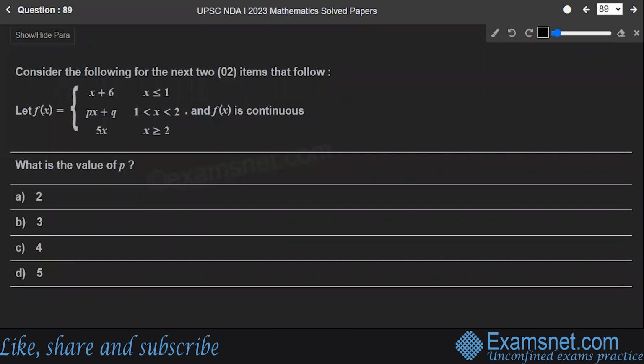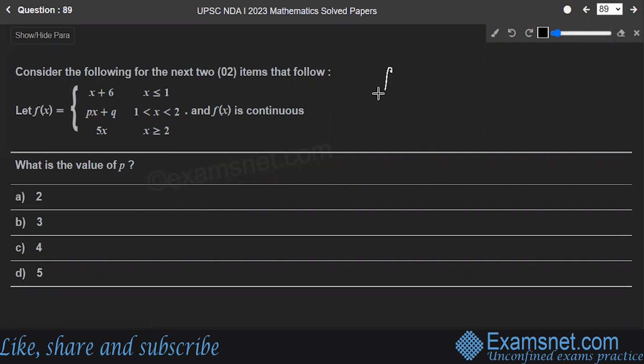Question number 89. So this statement is going to work for 89 and 90 questions. It says that fx is equal to x plus 6 when x is less than equal to 1, and px plus q when x lies between 1 and 2. Fx is continuous at this point, and 5x when x is greater than equal to 2.